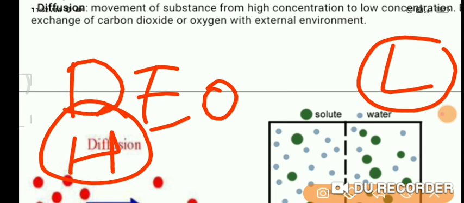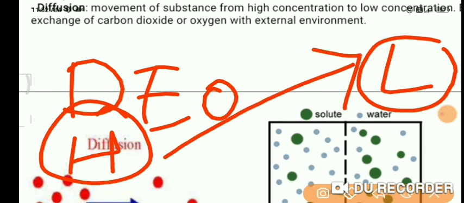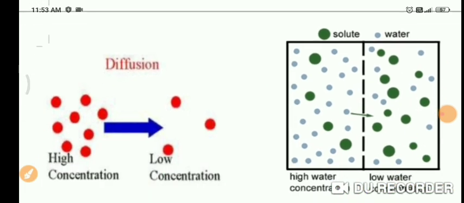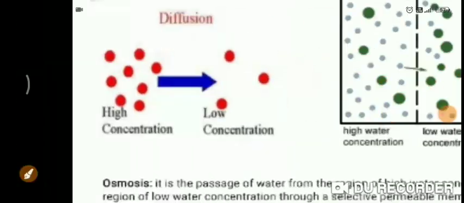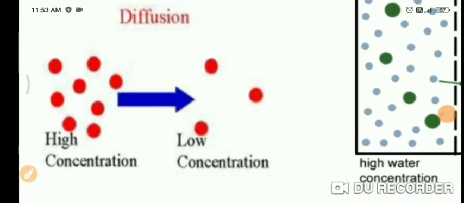So the molecules of the deo will move from higher to lower concentration. This is known as diffusion. So what is diffusion? The movement of molecules from a region of higher concentration to lower concentration is known as diffusion. Is that clear? You can see in the diagram that molecules are moving from higher to lower concentration.